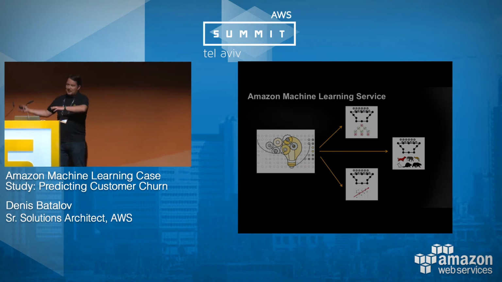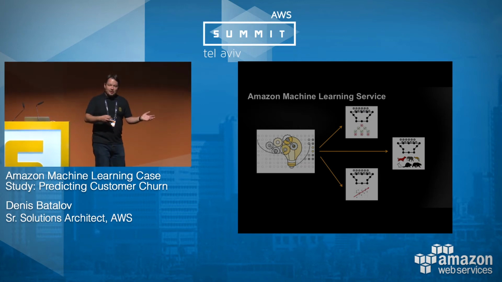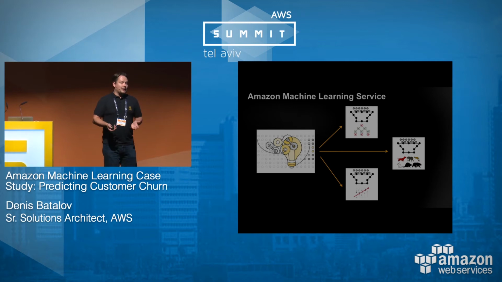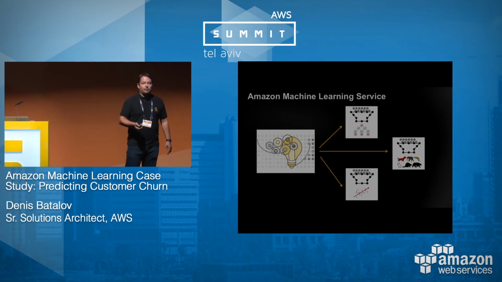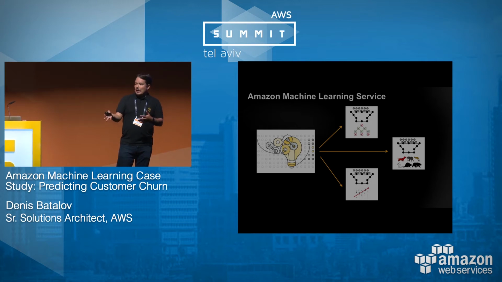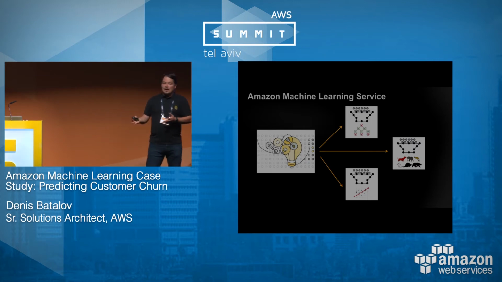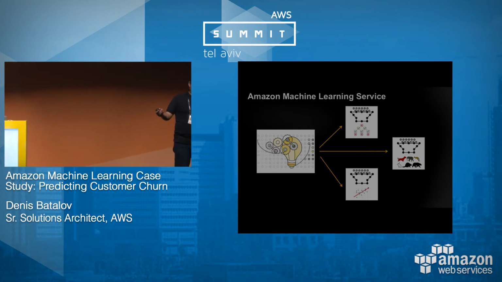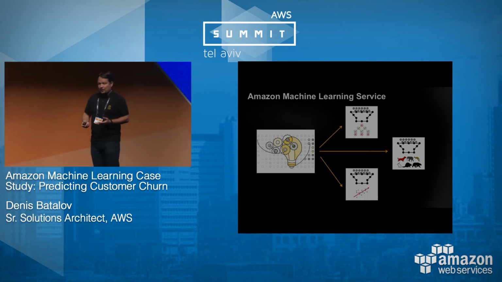Now, tying it back to the churn prediction, we're going to build a binary classification model that will tell us whether this customer is about to leave your service. The service we're going to use as an example is a telecom cell phone operator, a very common, very familiar use case to all of us.